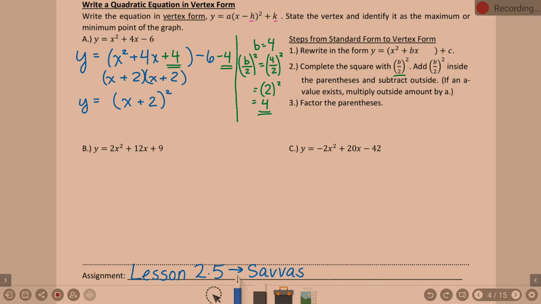And of course, what must you do outside? Just clean up. What is minus 6 minus 4? Minus 10. Okay, guys. Y equals x plus 2 quantity squared minus 10 is your vertex form.